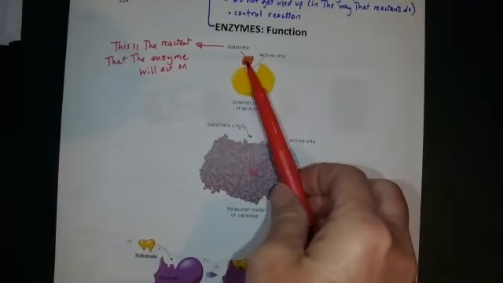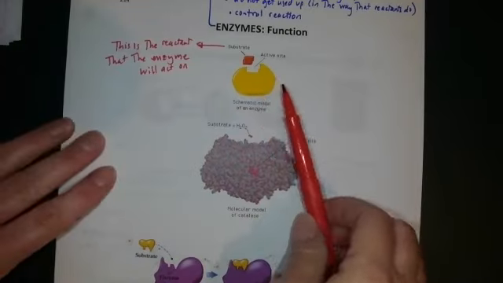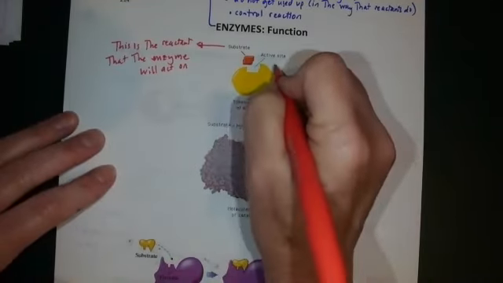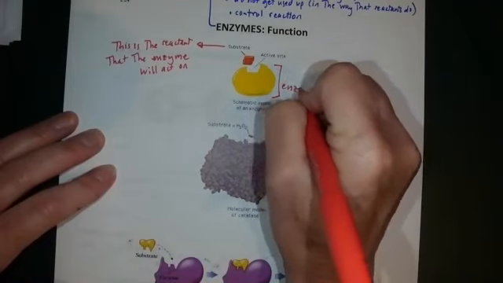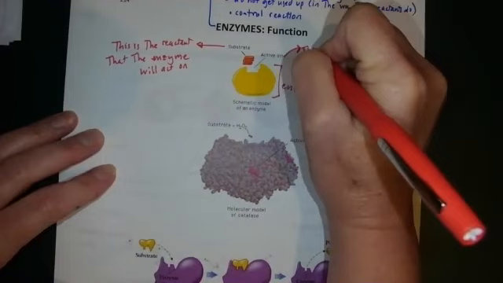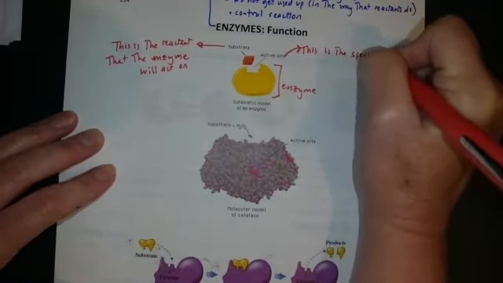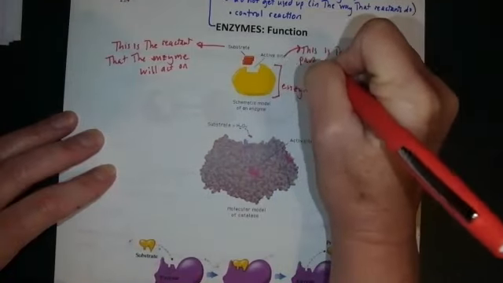Here it's listed in the orange-red. The larger one, the yellow, is the enzyme itself. What's the active site? The active site is the specific part of the enzyme molecule.